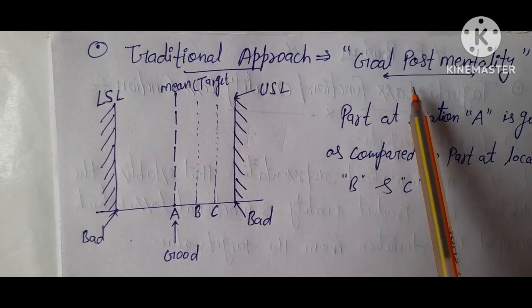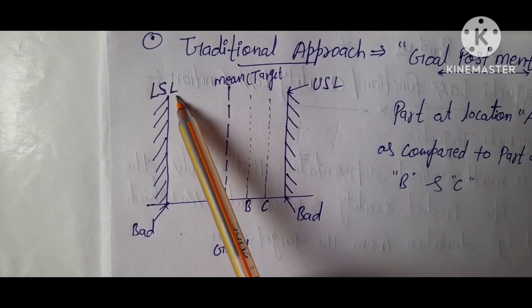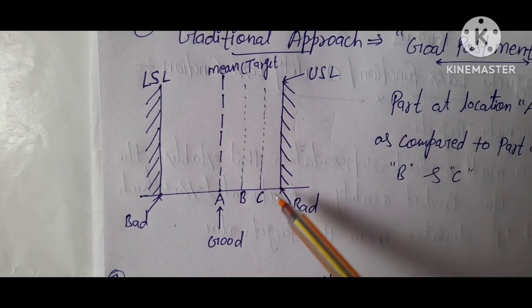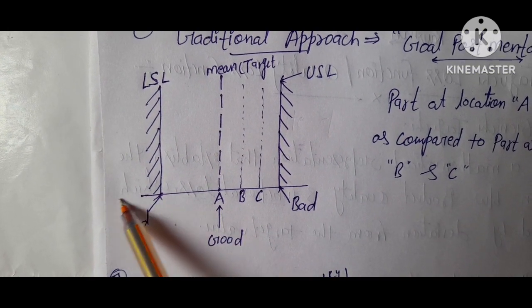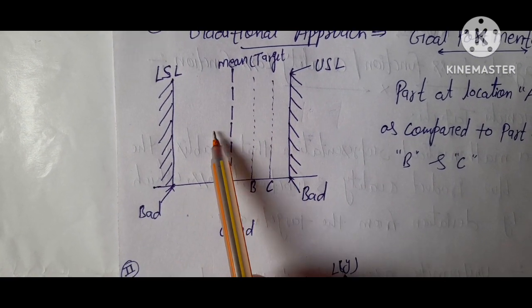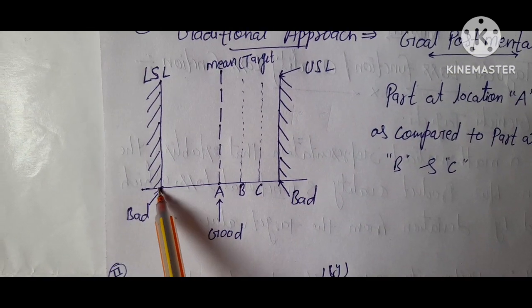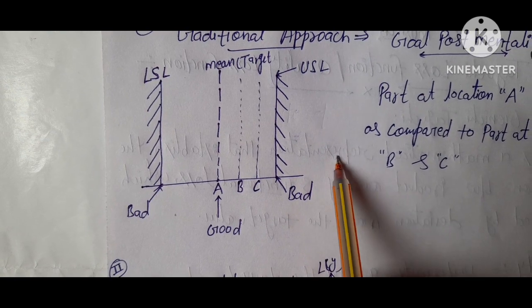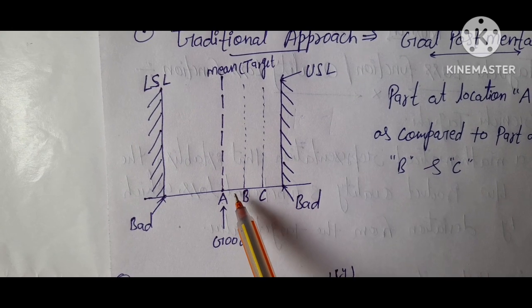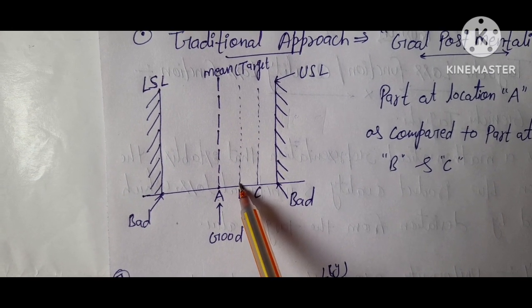The traditional approach says goal post mentality: this is the LSL, the lower specification limit, and this is the USL, the upper specification limit. Within lower to upper, all values will be accepted because we are talking about goal post mentality, and outside this is bad and not accepted. A is the mean value, and parts deviated from it are also accepted.